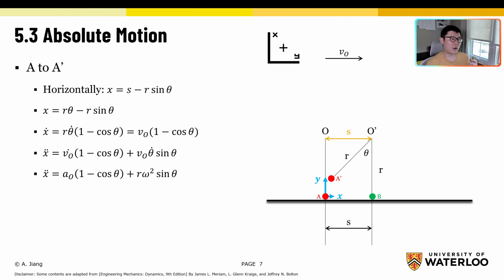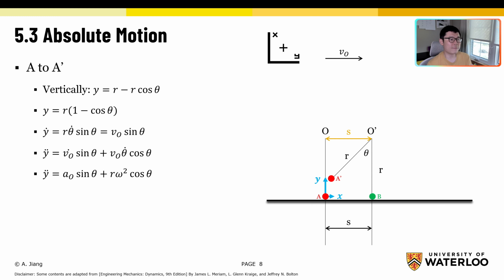Therefore, horizontally, looking at the x equation, we can take the derivative to get x dot and x double dot, which is acceleration. Recall that VO equals r omega, and theta dot, the changing rate of theta, is omega, as we derived on page 5 if you need to go back to look at it.